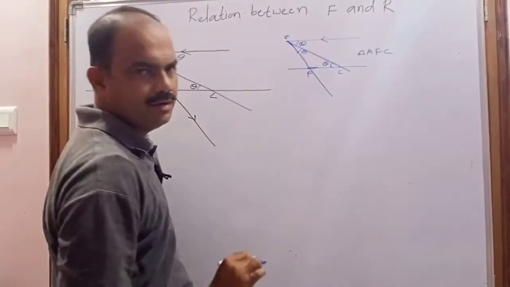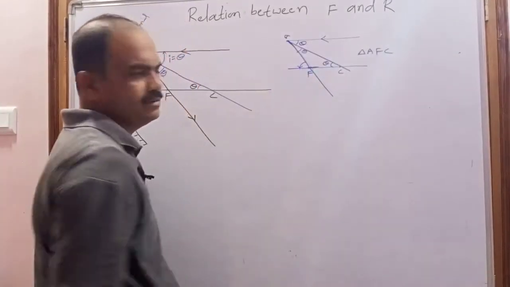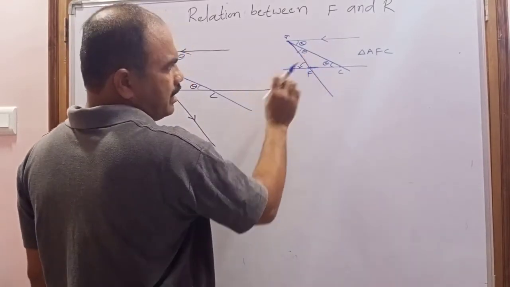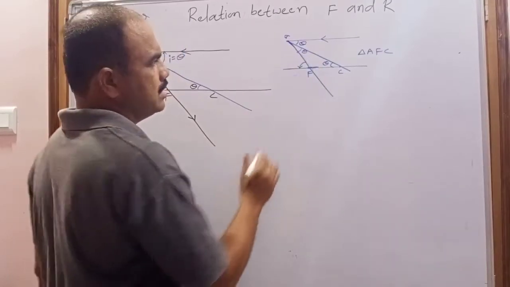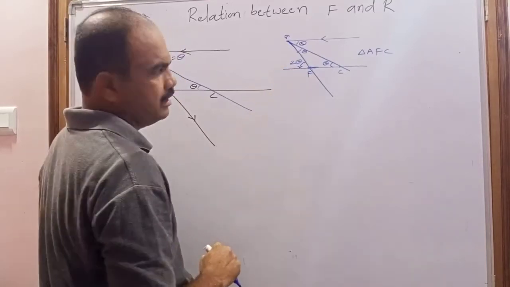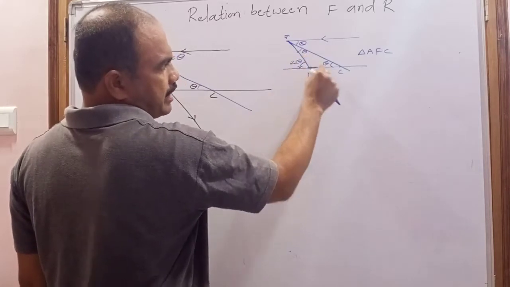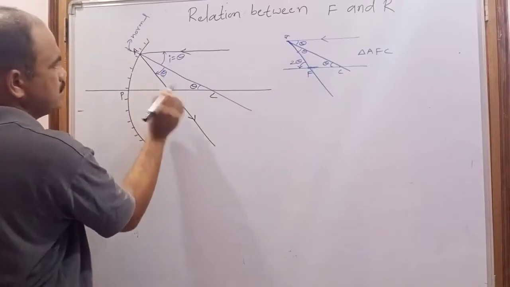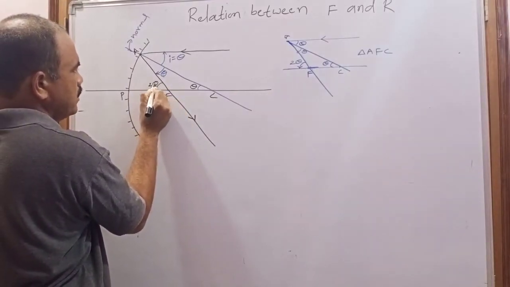These two are interior angles and this angle is the exterior angle. In every triangle the exterior angle is equal to the sum of the interior angles. So here the exterior angle is theta plus theta, equal to 2 theta.